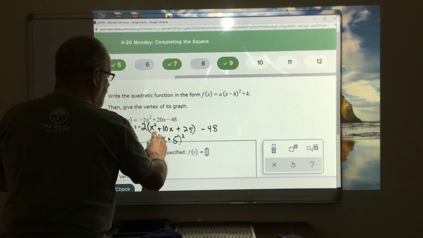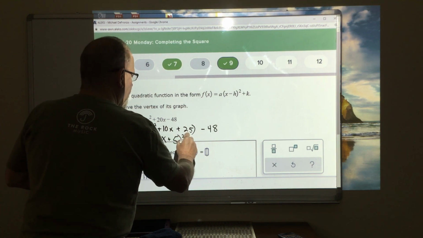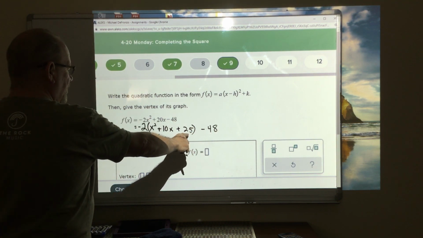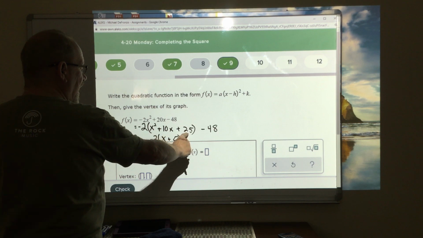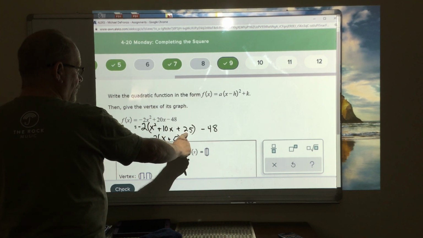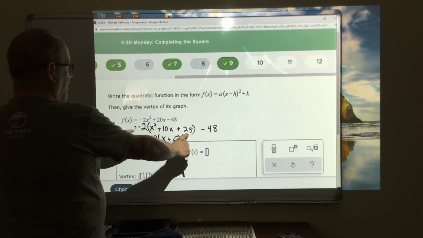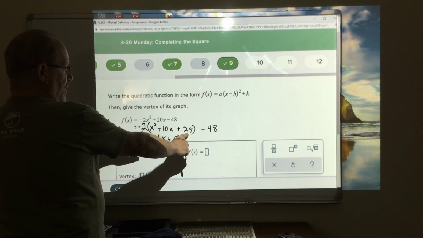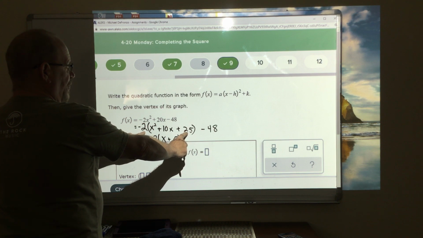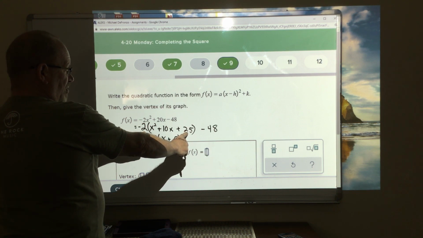Okay? Put everything else back in, and remember, what did I do here? What did I add here? Not 25, negative 2 times 25. So I added negative 50 to the inside.